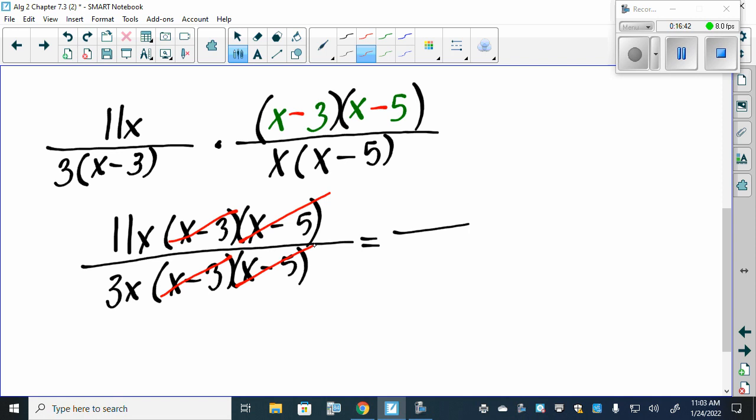X minus 5 and x minus 5 cancel, and our x's cancel, leaving us with 11 over 3. Not every problem will work that way, but these two here have been set up so that they do work out that way.